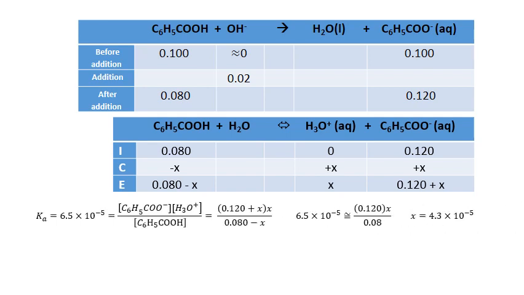When we do the calculation, put in 0.12, we wind up with Ka is equal to the usual expression for Ka, 0.120 plus x times x in the numerator, and 0.080 minus x. We do the x is small approximation. Once again, it works very well. X is really, really small. It's 4.3 times 10 to the minus 5.